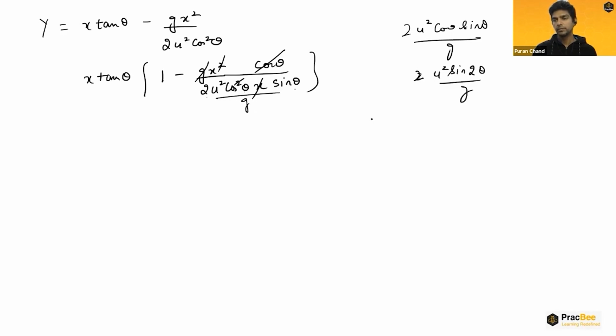Is it clear? What is this? Range, right? So you got another form of your equation of trajectory, which is y equals x tan theta into 1 minus x by r. Clear? Got it? So this is form number 2.